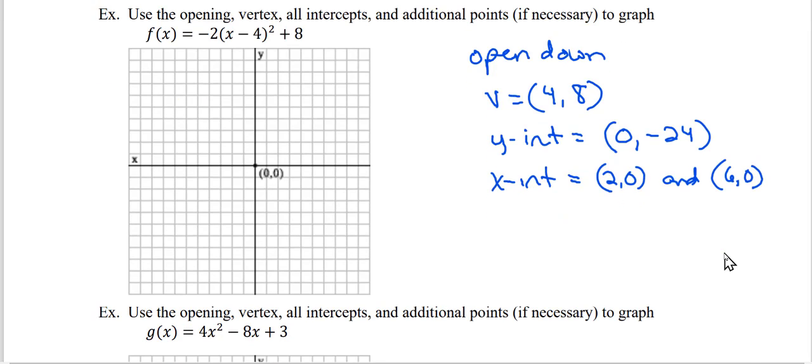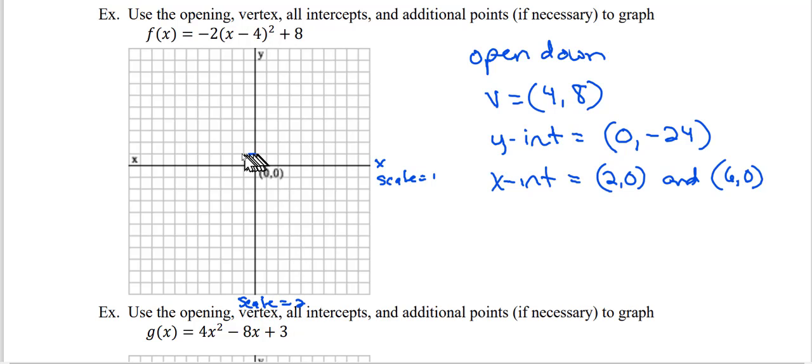Okay. I'm going to go ahead and plot the vertex. I think what I want to do is make the scale on the y-axis go by 2's. I'm still going to leave the x-axis scale of 1. On the y-axis, I'm going to let the scale equal 2.